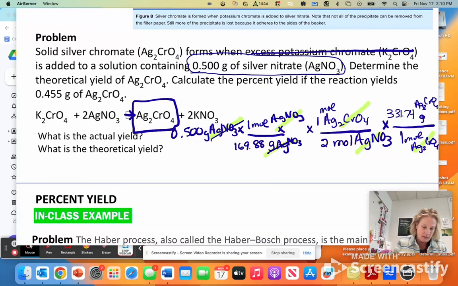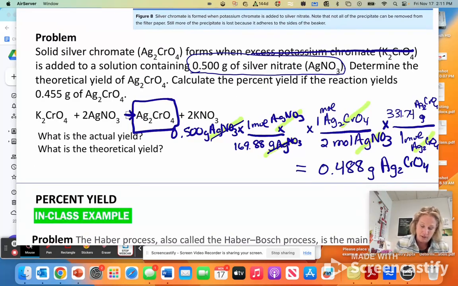And then on my calculator, I'm going to do 0.5 times 1 divided by 169.88 times 1 divided by 2, and then times 331.74. So when I do that with 3 sig figs, I get 0.488 grams in theory. So this is my theoretical value of what I should get.